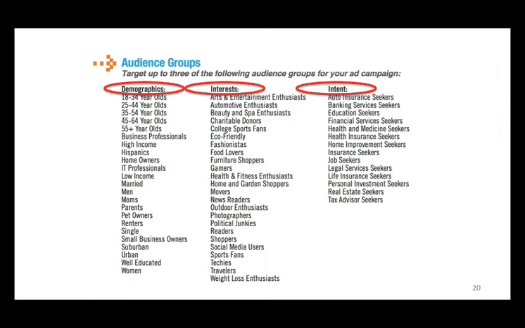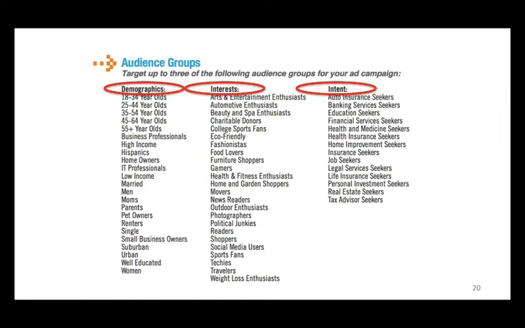So you can see over here under demographics, I can target all kinds of different age groups: business professionals, high income, Hispanics, homeowners, IT professionals, low income, married, men, moms, parents, pet owners, renters, single, small business owners, suburban, urban, well-educated, women. I've got to imagine that every single one of you can look at a list and go, wow, yeah, I can see somewhere in that list my targeted audience that I should be going after.